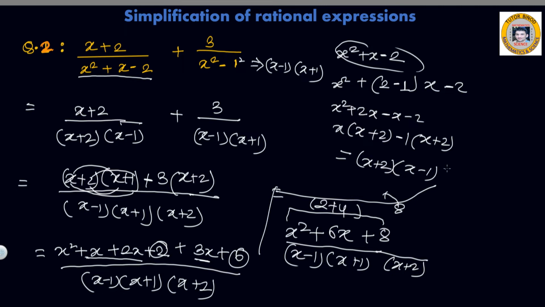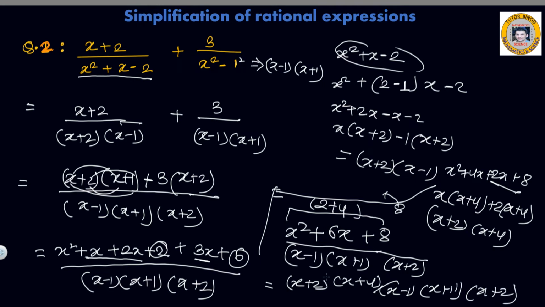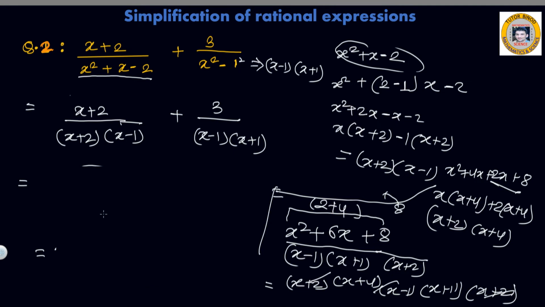So I would have x square plus 4x plus 2x plus 8, which would give me x times x plus 4, plus 2 times x plus 4, so x plus 2, x plus 4. So the numerator will give me x plus 2, x plus 4, whereas the denominator is x minus 1, x plus 1, x plus 2. So x plus 2 and x plus 2 are gone, so the remaining will be my answer. So how much is left?